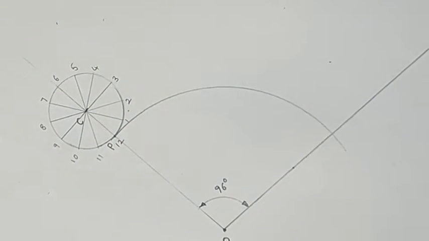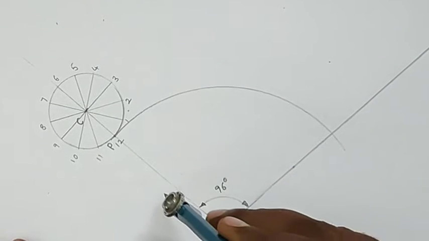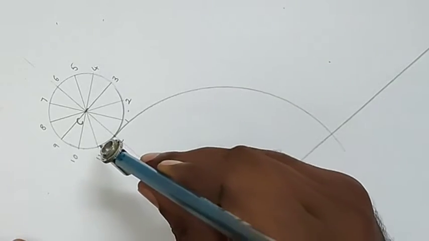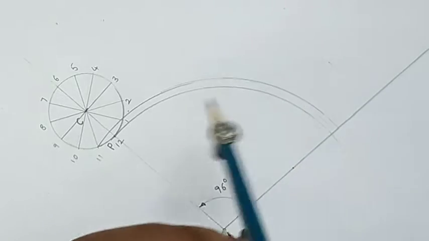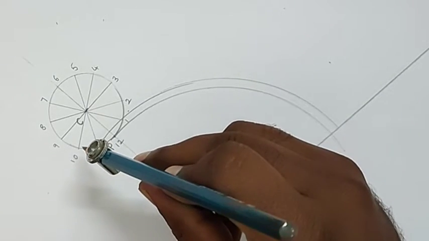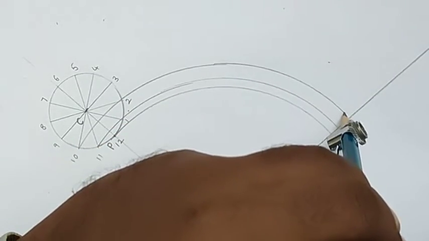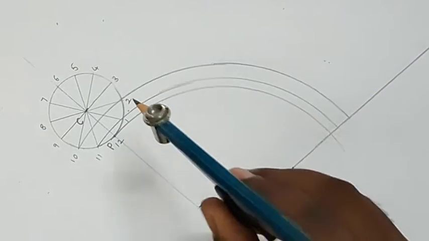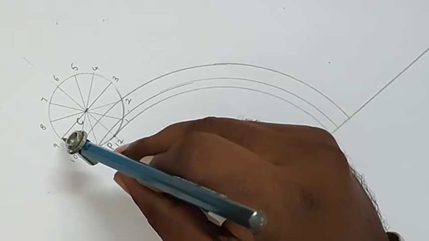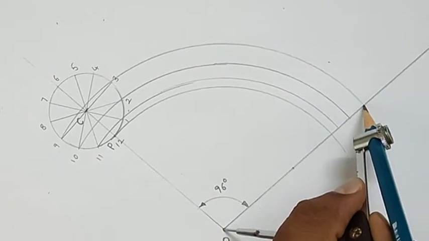Now from the points on that circle, we will draw the arcs. Taking O as center and O11 as radius, we draw the arc up to here.